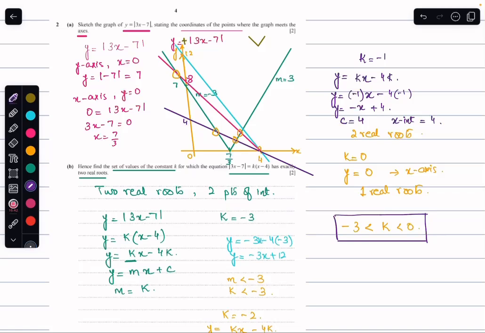Even if you square both sides, you have to keep in mind that this k value is representing the gradient. So with respect to the gradient, you have to go by this trial and error method, comparing the gradients with the absolute function so that you can get the actual value of k here.